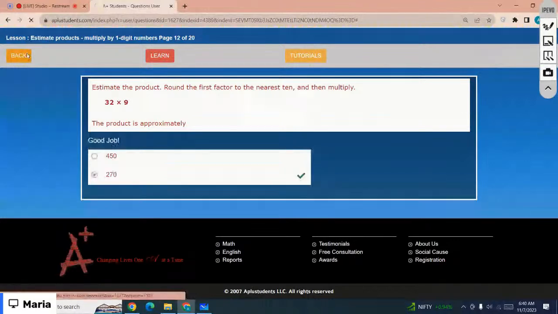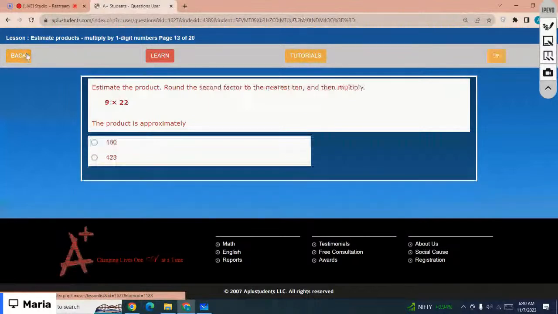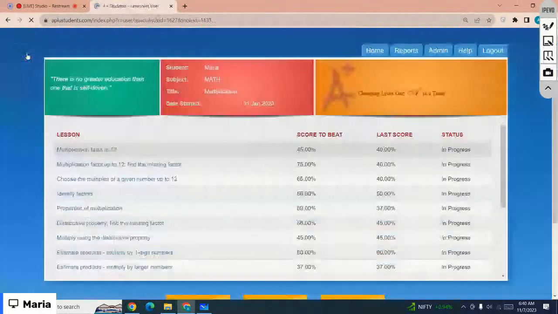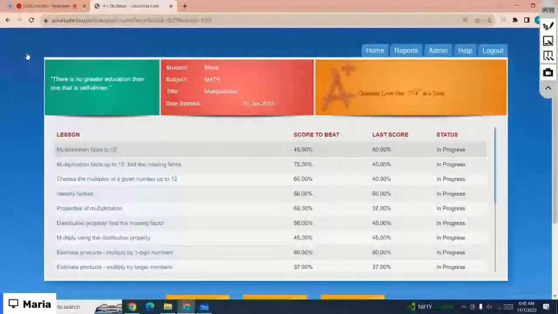So we were working on grade 4 math. The chapter we're working on is multiplication, and the lessons we have covered today are properties of multiplication, distributive property, find the missing factor, multiply using the distributive property, and estimate products multiply by one-digit numbers.